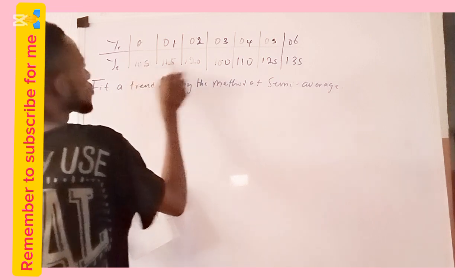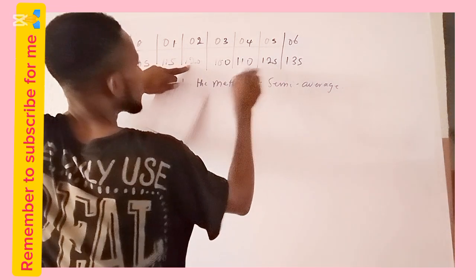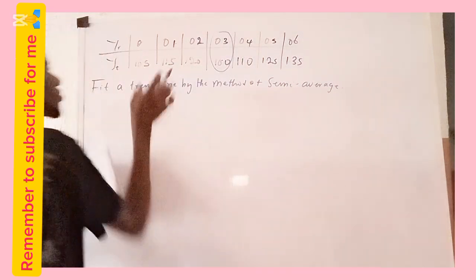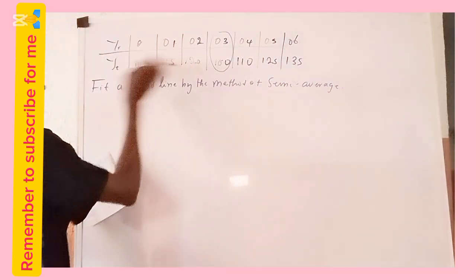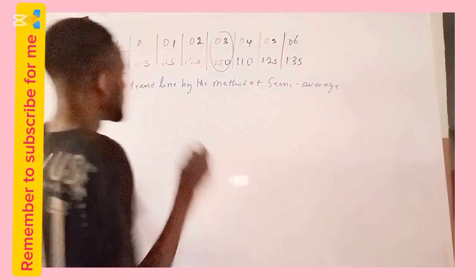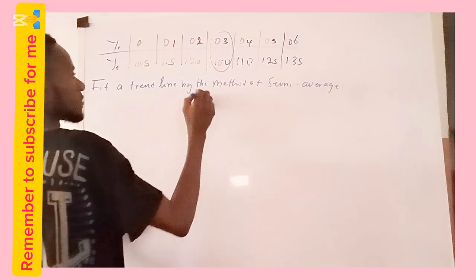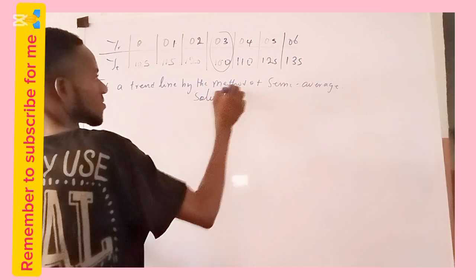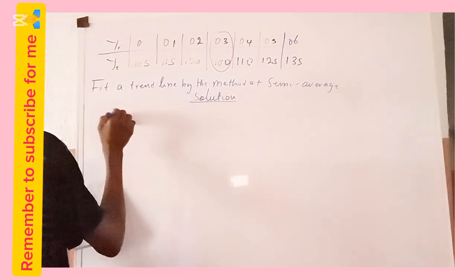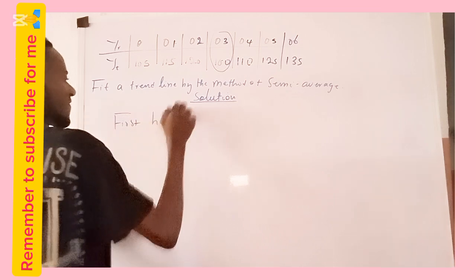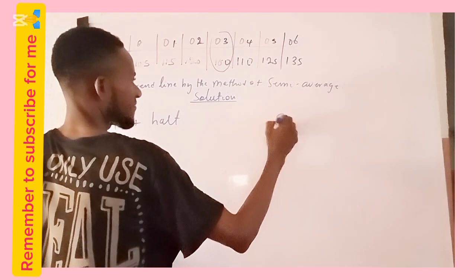So I have 1, 2, 3, and I have 1, 2, 3. So I'm going to skip this one. This is my first half, and this is my second half.